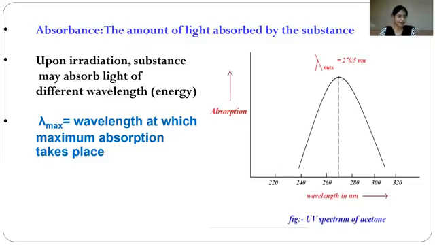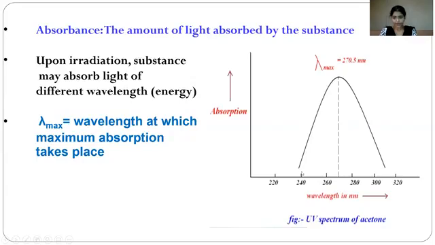When electromagnetic radiation or UV visible light is passed through a sample, some amount of light is absorbed by the substance. The remaining is transmitted by the substance. The amount of light absorbed by the substance is known as absorbance. Upon irradiation, a substance may absorb different wavelengths.